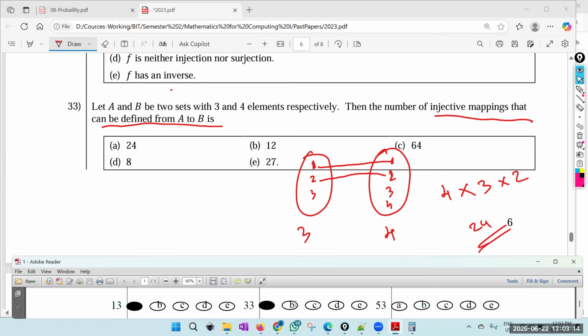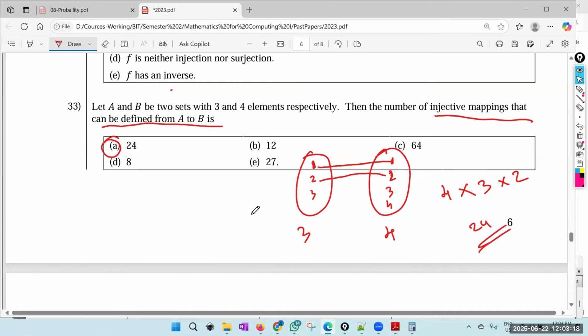Yes, 24, A. Answer is correct. So if you get that kind of question, I don't know whether there are different ways. ChatGPT used slightly different notation like nCr notation, but I think this works. So how many ways can I map my first one? 4 ways. Second one, only 3 ways because the first one is already occupying another value, because these are 1 to 1, and so on.